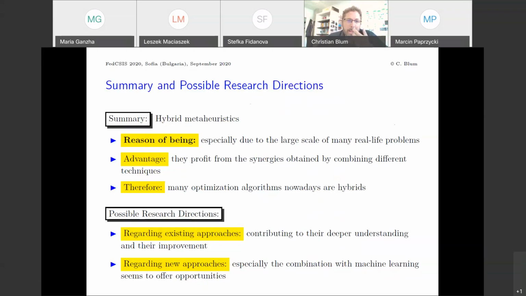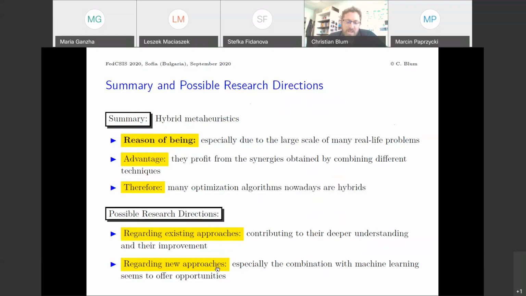And possible research directions. Let me start with the second one here. In my view, the combination with machine learning is very promising. If you look at the curve of papers on this topic, combining or using machine learning for optimization algorithms, you see an exponential growth.